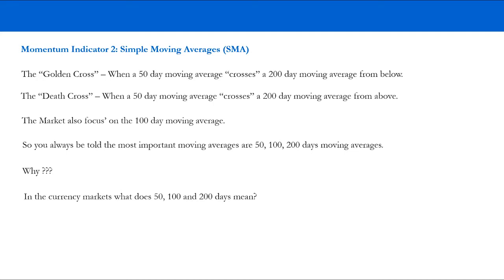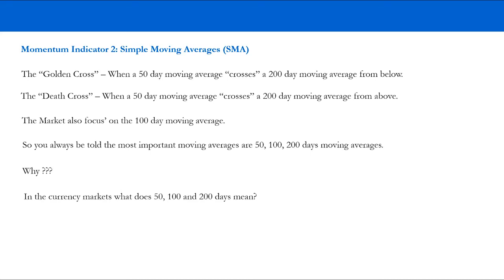The phrases most commonly used are, for example, a golden cross, when a 50-day moving average crosses a 200-day moving average from below. Or another one called the death cross, when a 50-day moving average crosses a 200-day moving average from above.